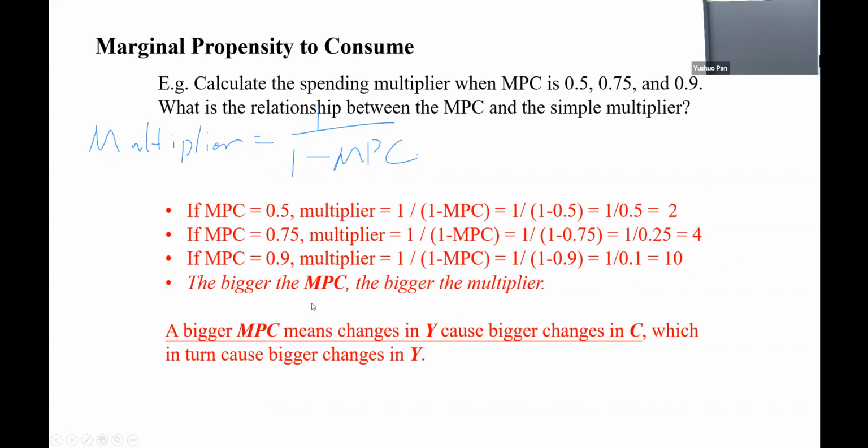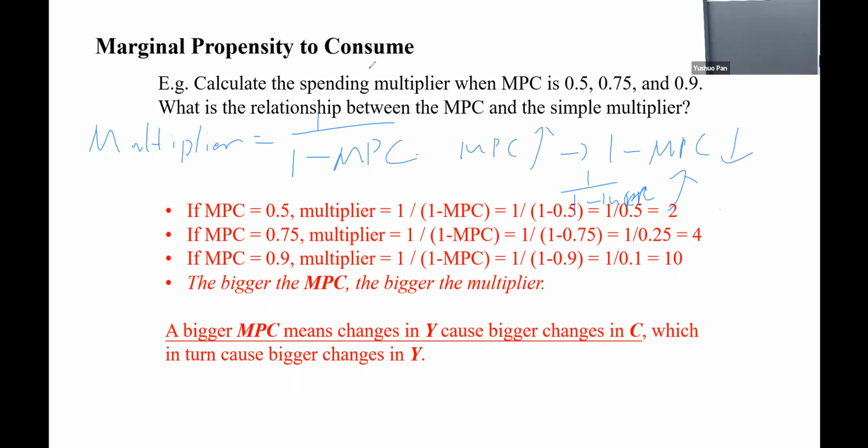Which means the bigger the MPC, the bigger the multiplier. Because when MPC is big, 1 minus MPC is going to be smaller, which means 1 over 1 minus MPC is going to be big.